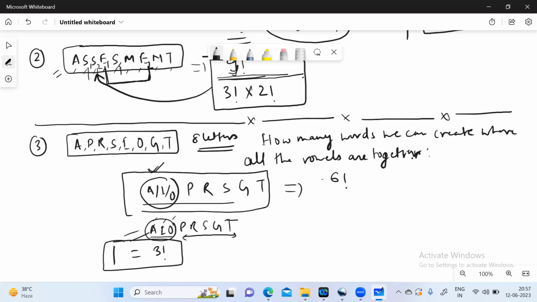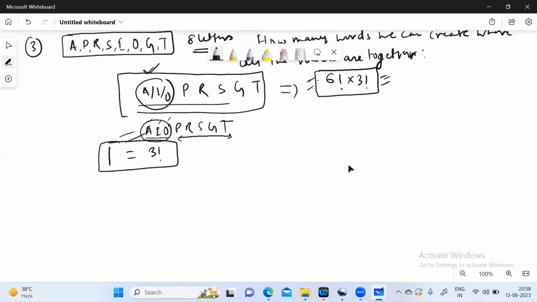So each of the 6 factorial words will have 3 factorial extensions, and the total number of words that we can create will be this. Is it okay, everyone? Yes, sir. You can find similar examples where you will have to create one or two packets together. And every time there are two packets, you will also multiply by the factorial of the number of letters in the second packet. I'm leaving this example because it is quite easy.